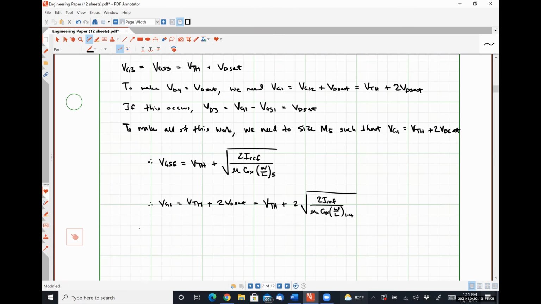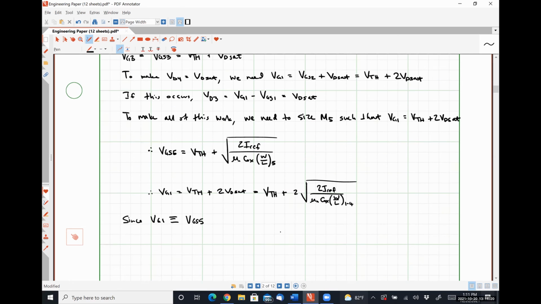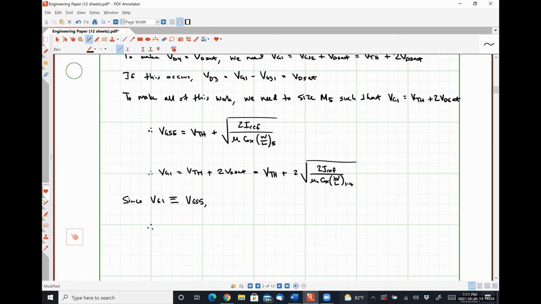So since VG1 must equal VGS5 for this thing to work, that means that the square root of 2 IREF over mu n Cox W over L5 has to be equal to twice the square root of twice IREF over mu n Cox W over L for transistors 1 through 4, excuse me.